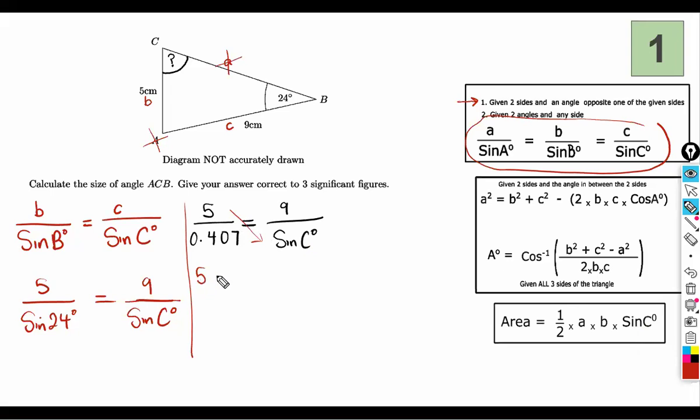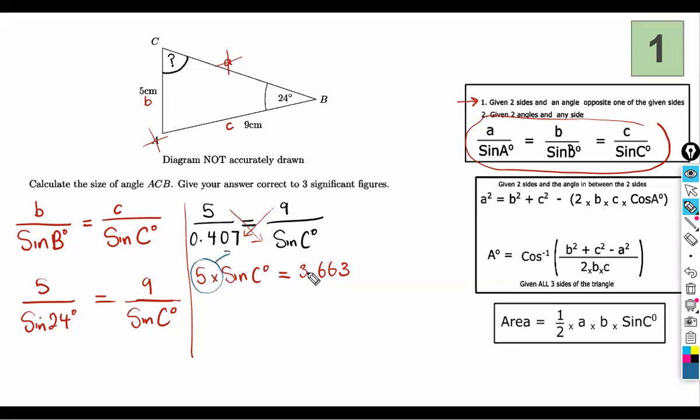You have 5 multiplied by sine C, and then 9 multiplied by 0.407. 9 multiplied by 0.407 is 3.663. The aim of the question is to solve for C.